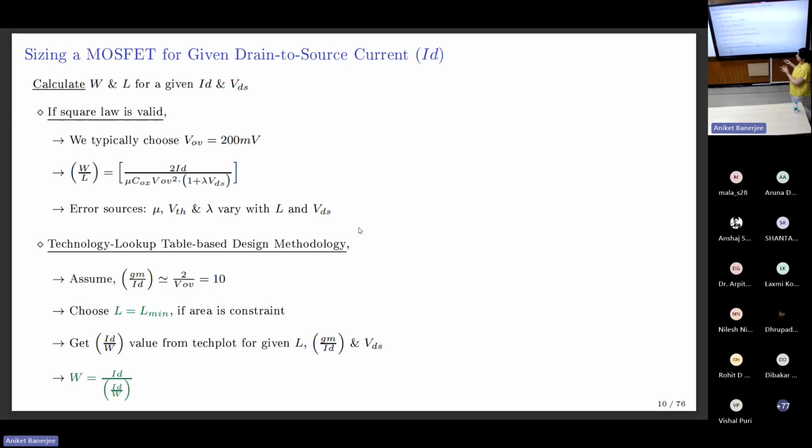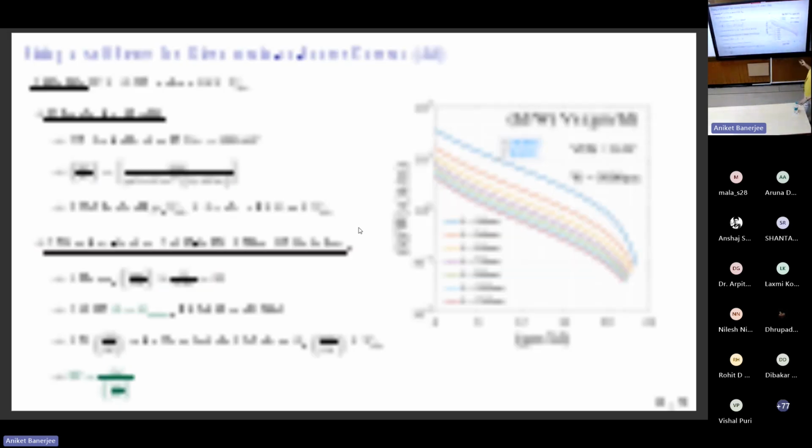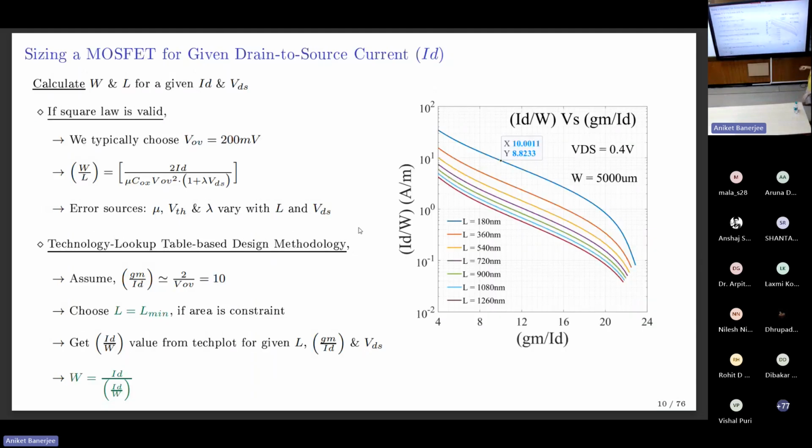To give you an example, this is a classic thing. When I'm looking at the math, I would be like, oh, given Id is 10, this is Id by W is this value. But gradually over a period of time, you will realize that a lower length is a higher fT. A gm/Id of 10 translates to 200 millivolt, but 200 millivolt will go away; gm/Id of 10 will stay.